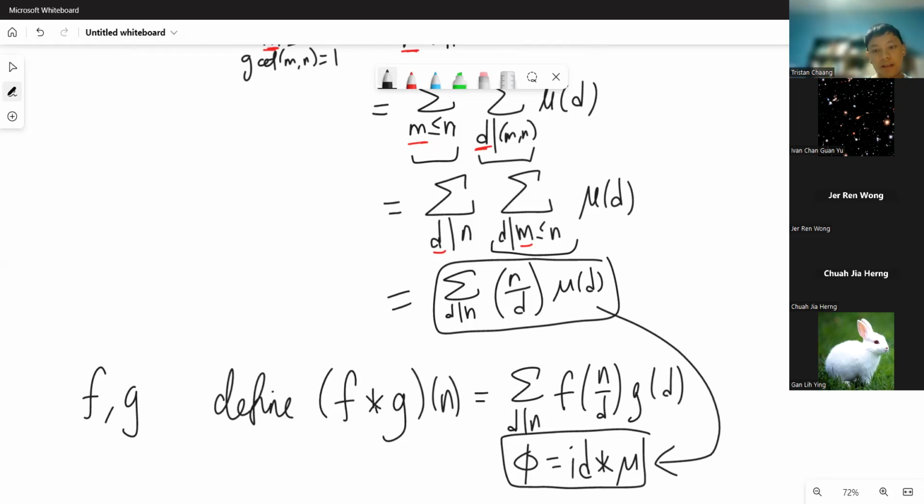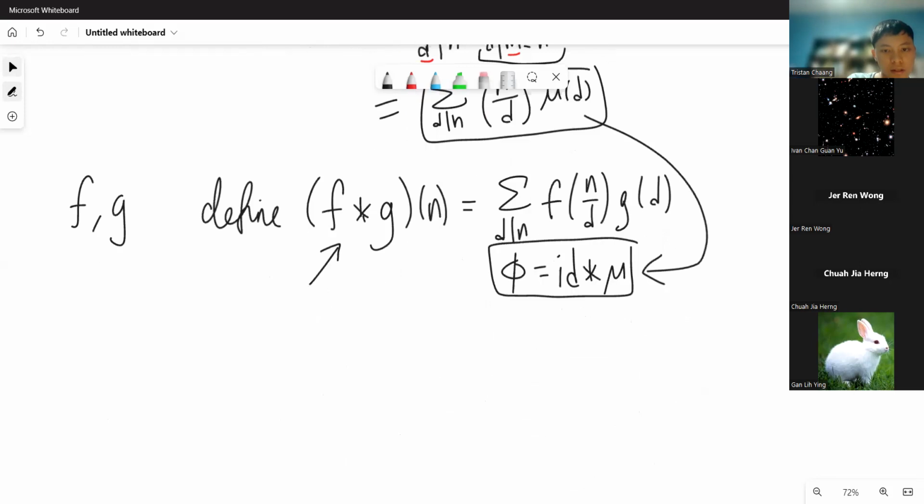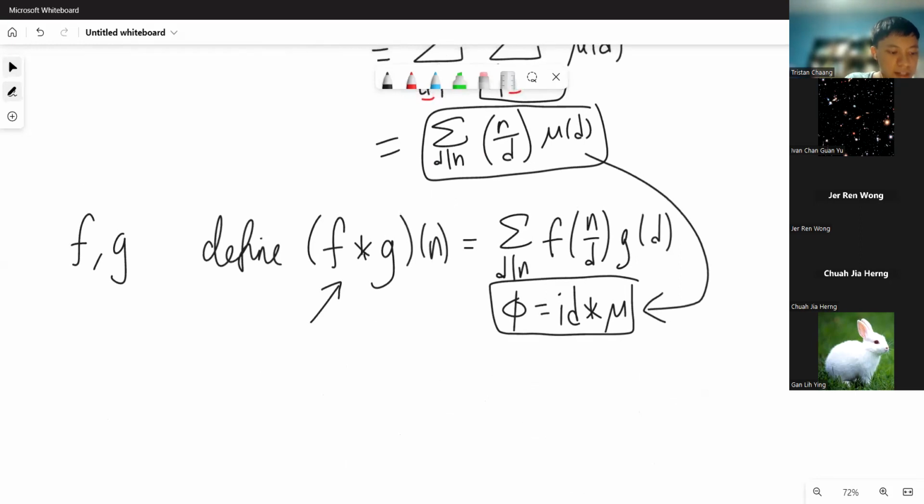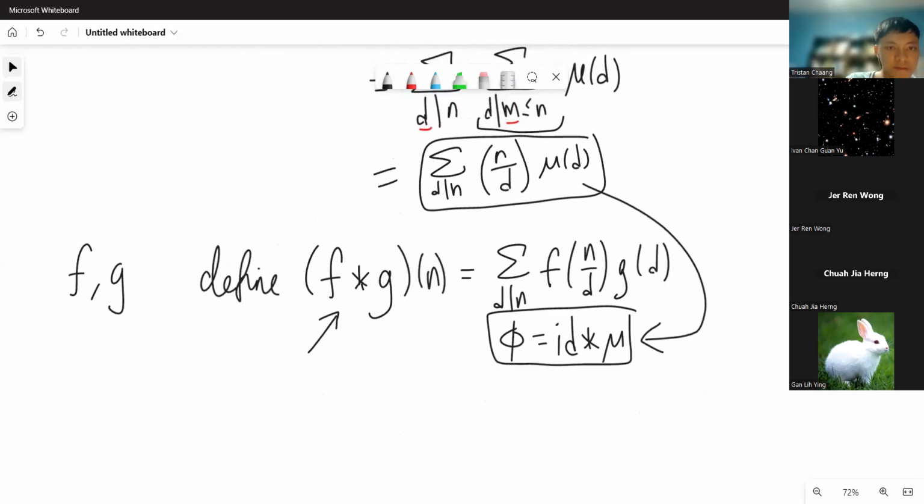In fact, we're going to look at this convolution operation a lot more times if we actually have time. Yes, just a few properties first.